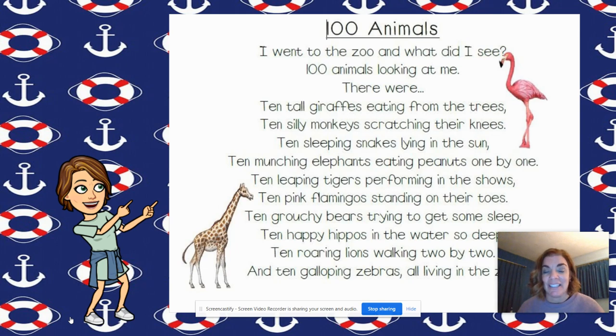100 animals. I went to the zoo, and what did I see? 100 animals looking at me.